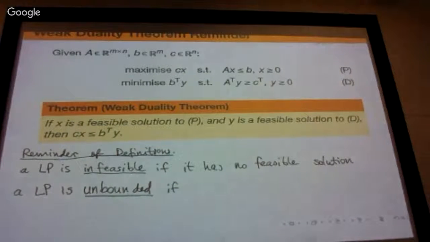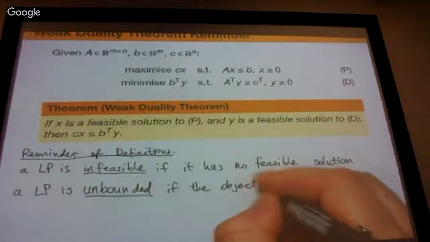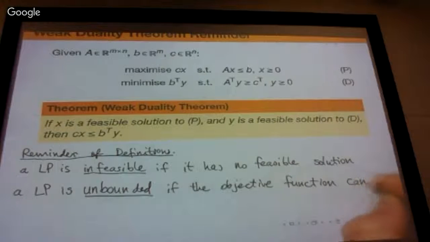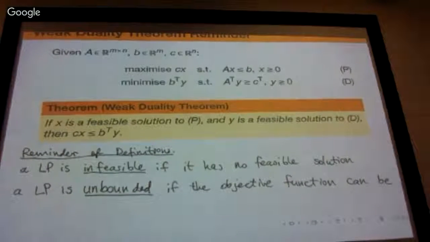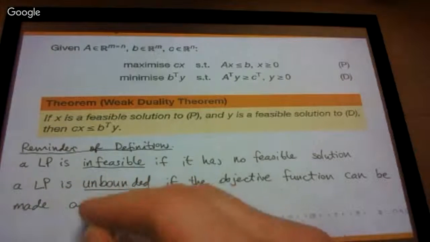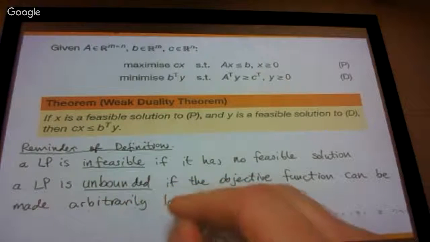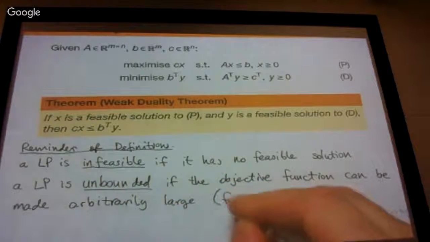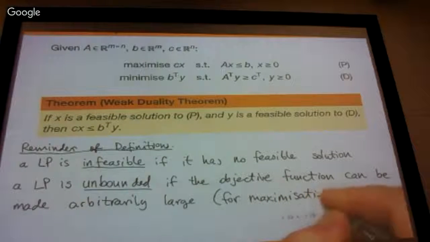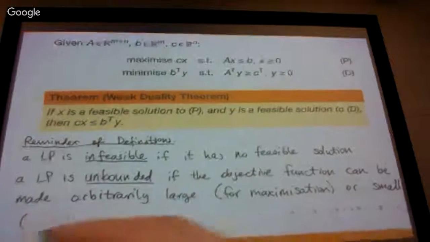It's called unbounded if the objective function can be made arbitrarily large for maximization, or arbitrarily small for minimization.